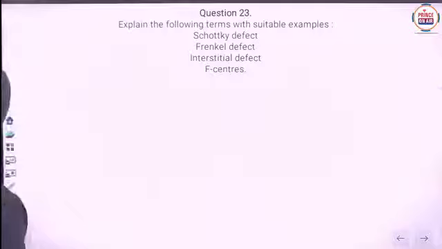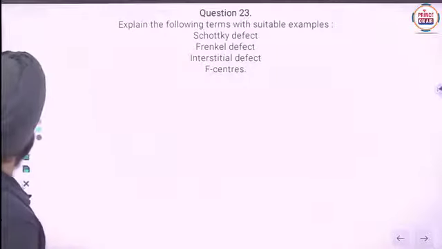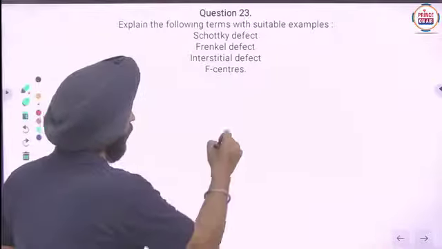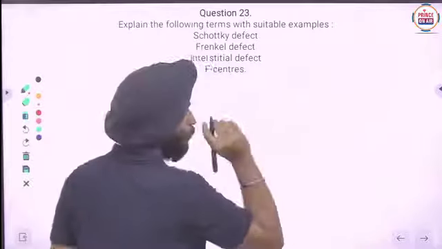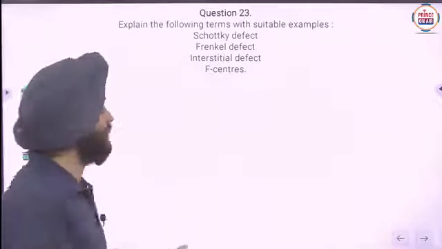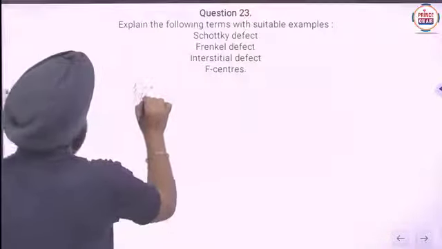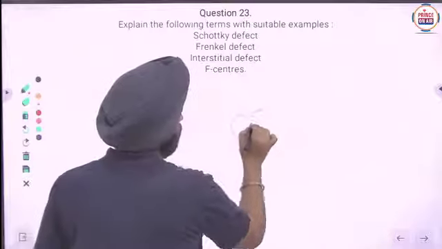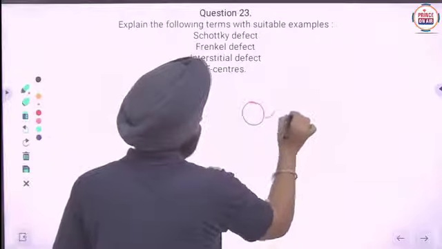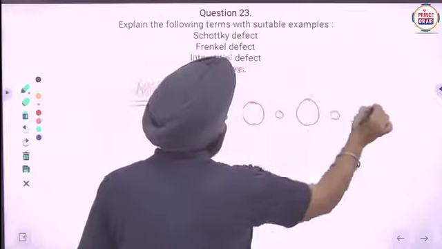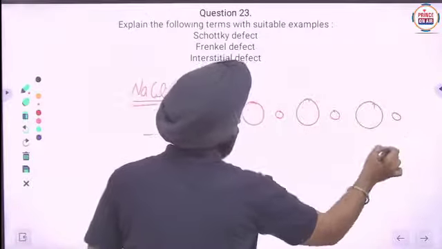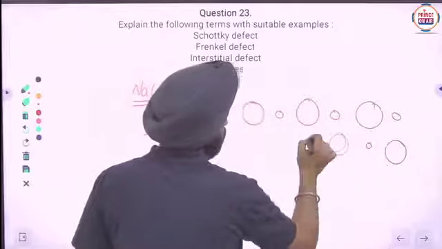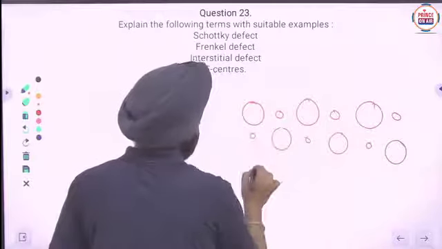Next one is F centers. What is an F center? Suppose this is a crystal of NaCl.